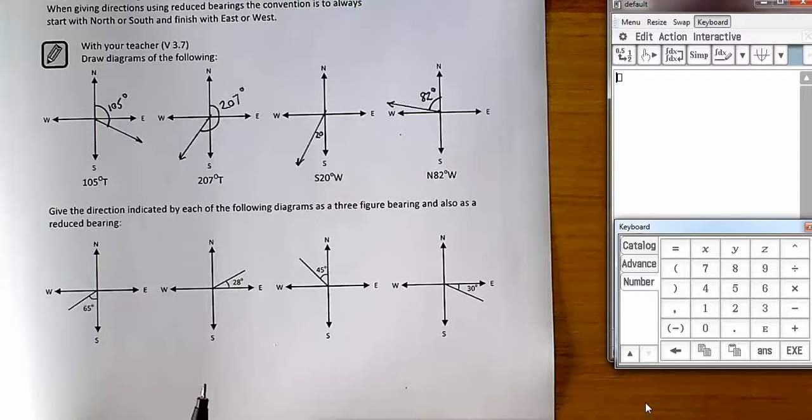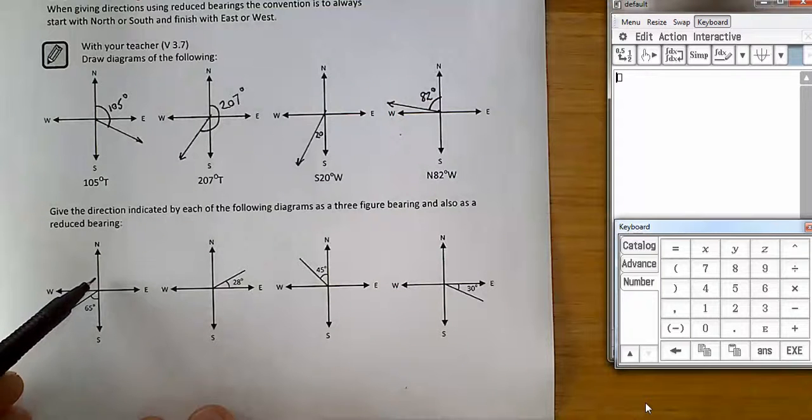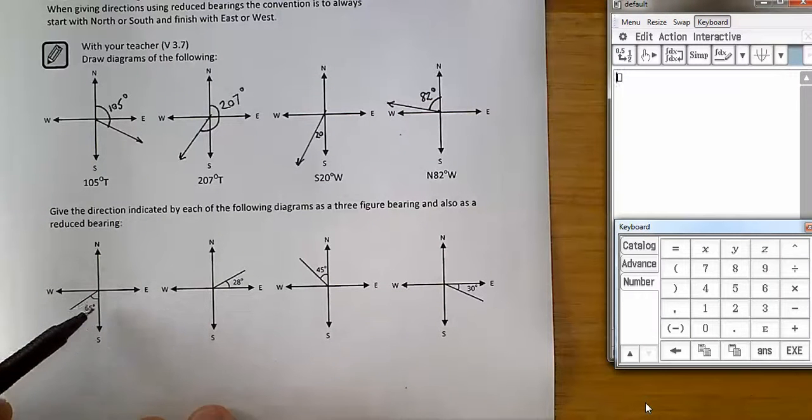Okay, down the bottom of the page, we're asked to give each of these diagrams and give the bearing in each in two different ways. So we're going to give it as a true bearing and also as a reduced bearing. Now for true bearing for the first, I want the number of degrees rotation from north.